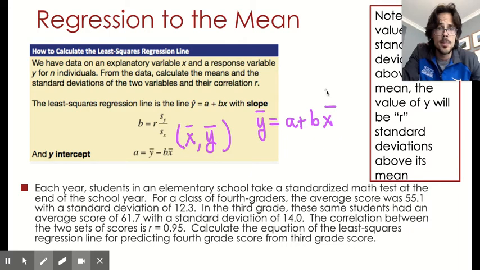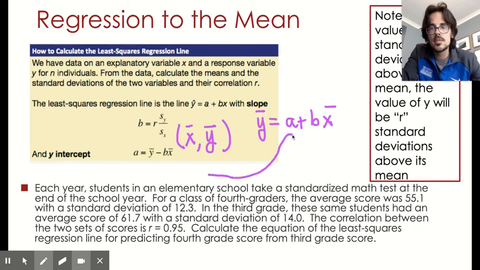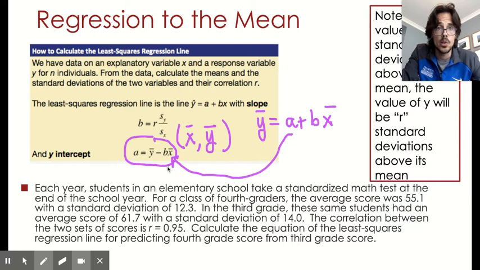If you have y equals mx plus b, you can plug in an x and a y that are from the equation. So all they did to find the y-intercept, the second part right here, is isolate a in this problem. In other words, they subtracted the b x bar to the other side. So this is how you could calculate a, or the y-intercept, for the least squares regression line.